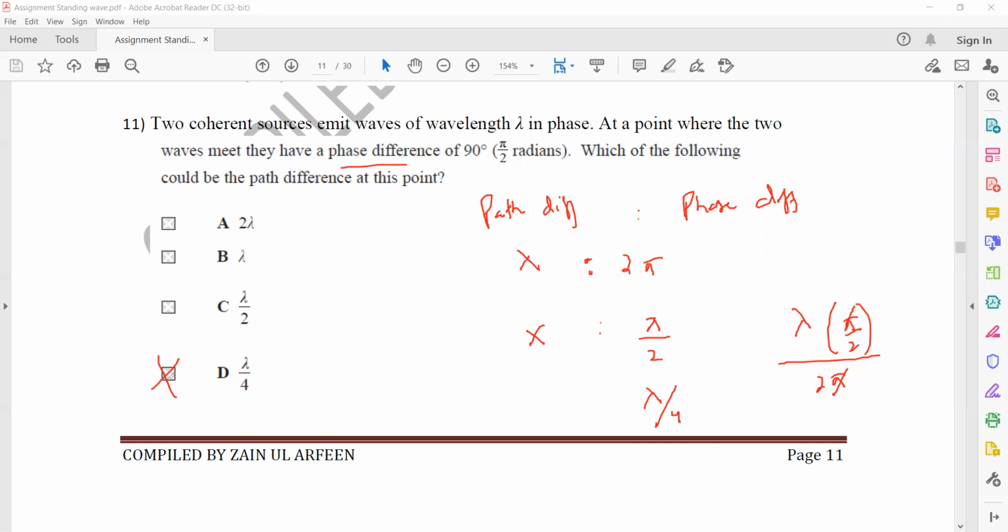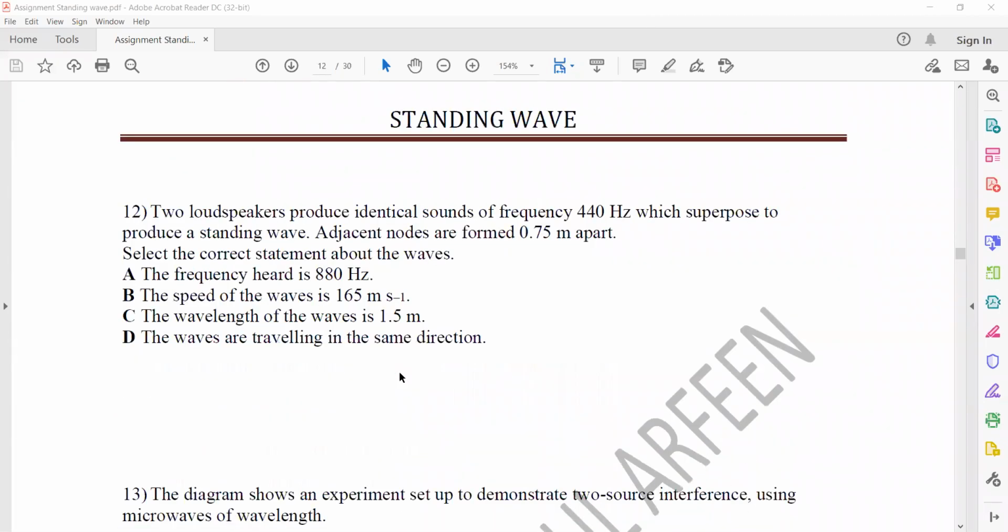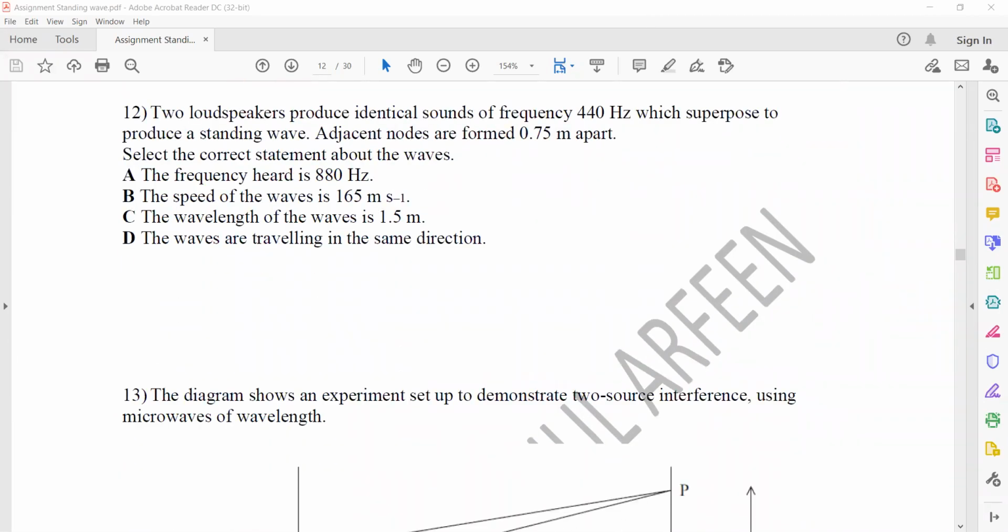Is it clear? Question 11. Another question, as this topic is related to standing wave, so you will find similar questions.